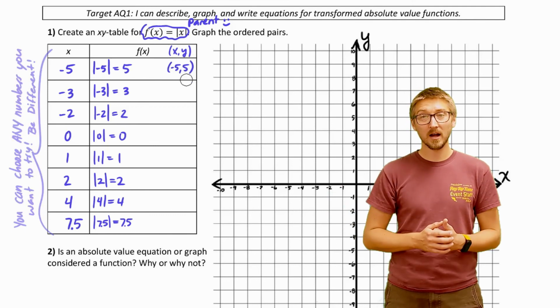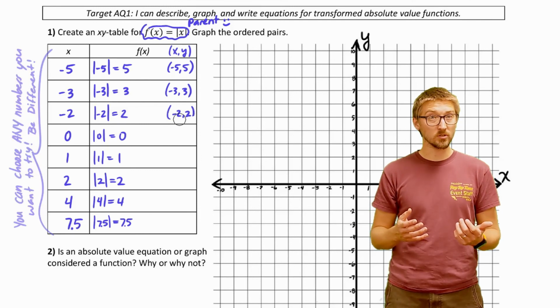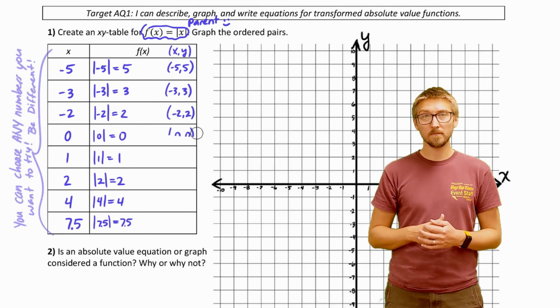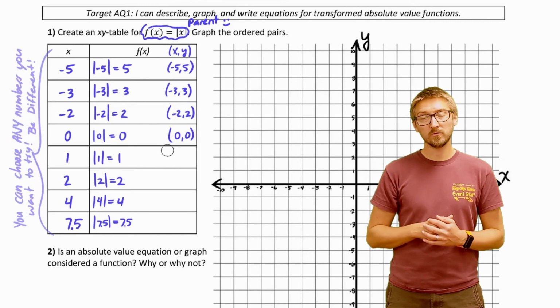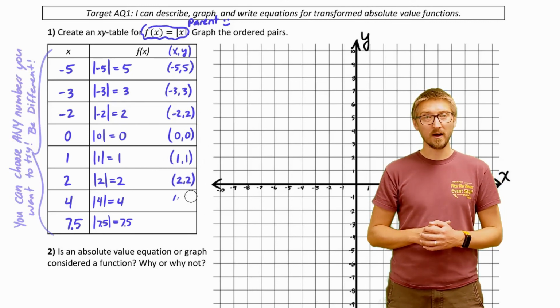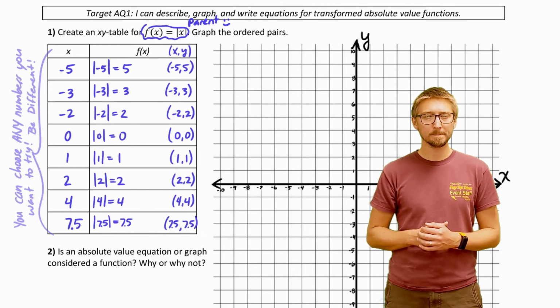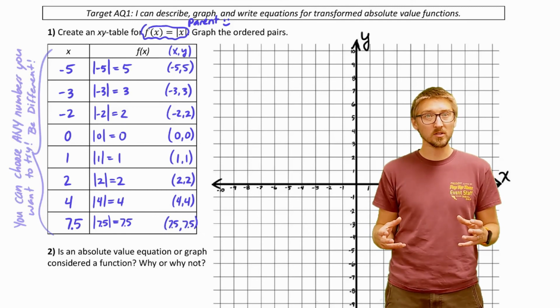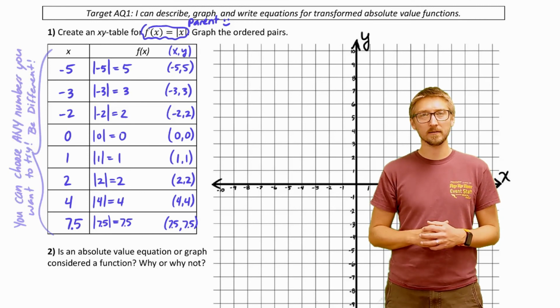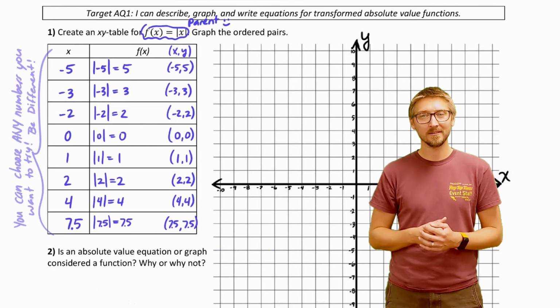So -5 comma 5, -3 comma 3, -2 comma 2, 0 comma 0, 1 comma 1, 2 comma 2, 4 comma 4, and then the last point is 7.5 comma 7.5. If we graph those on our coordinate plane, they start to reveal the image of what an absolute value function looks like. Now, if you really studied the first unit, you should already know what shape absolute values make.